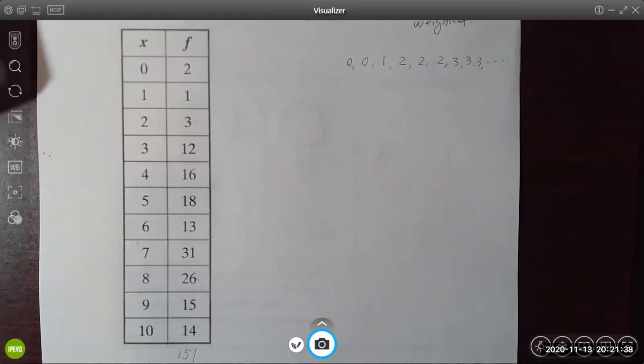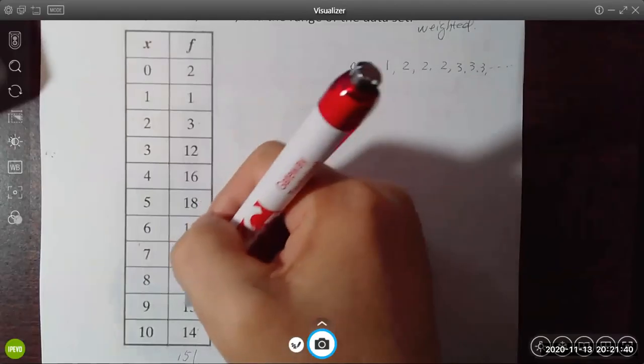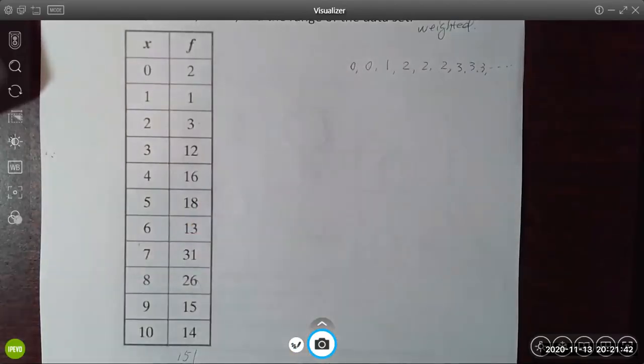For example, we only surveyed 151 students in this case. So everybody can add 151 numbers together and divide by 151. What if you have a larger data set? For example, in the University of California system, they have more than 150K students.